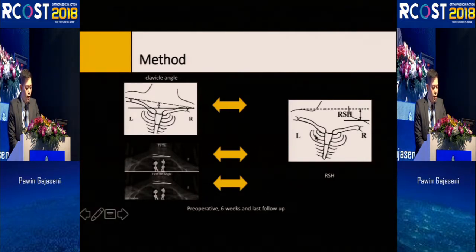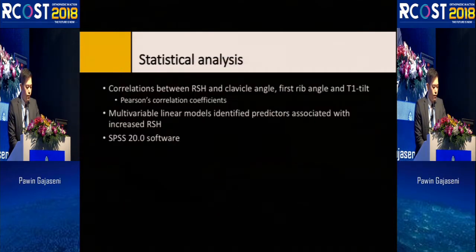We tried to compare them with the radiographic shoulder height. For all three measures, if the right shoulder is elevated, the measure has a negative value, and if the left shoulder is higher, the measure has a positive value.